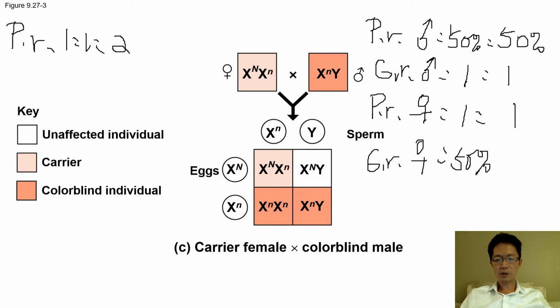I intentionally did this so that you know 50-50% is the same as a 1 to 1 ratio. But in this case, 50% of the children in total can be colorblind.